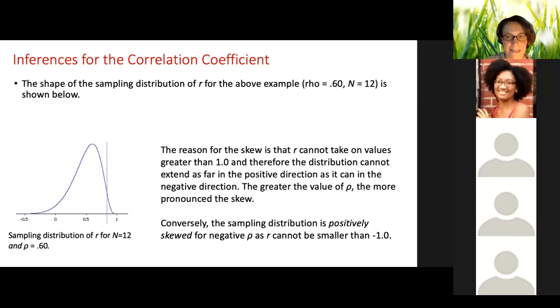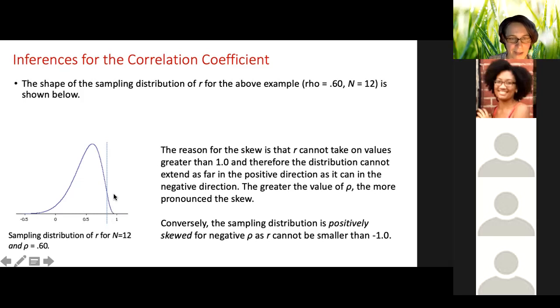The reason is that r has limits. r cannot be larger than 1. That means the distribution cannot extend as far in the positive direction as it can in the negative direction. Remember, the true parameter in our population is 0.6, so we can deviate much more, down to -1 in this direction, than we can in this direction.